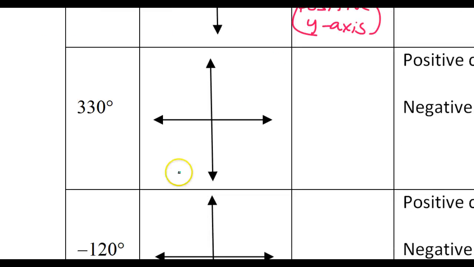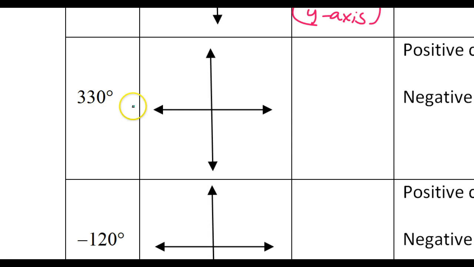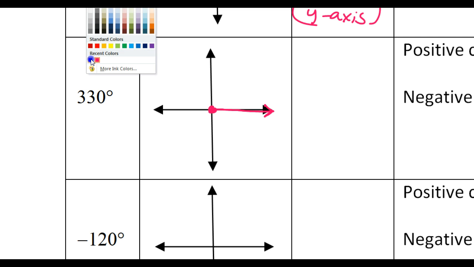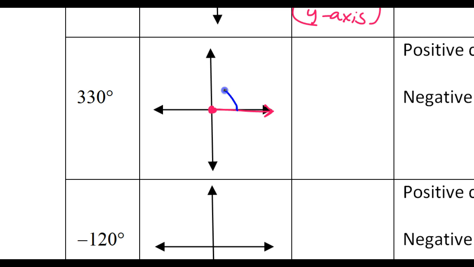Okay, how about positive 330 degrees? Here is the initial side, of course. So 330 degrees. As I travel, I've got 90 degrees, 180 degrees, 270 degrees, right? If I went all the way back, that would be 360, but that would be too far. So we don't want to go that far.